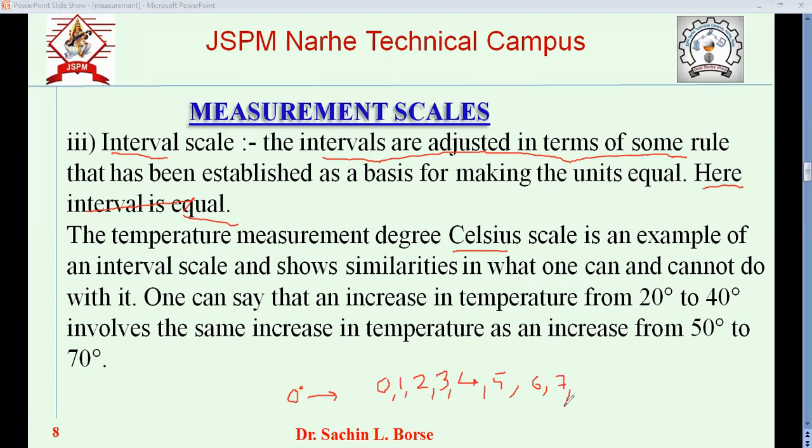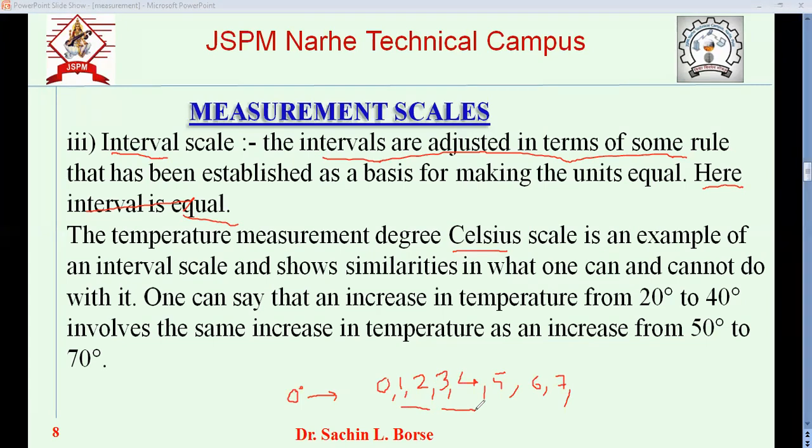The difference between consecutive values, 2 minus 1, is 1. 4 minus 3 is 1. So for each consecutive value the difference is 1 degree Celsius. So the interval is equal.